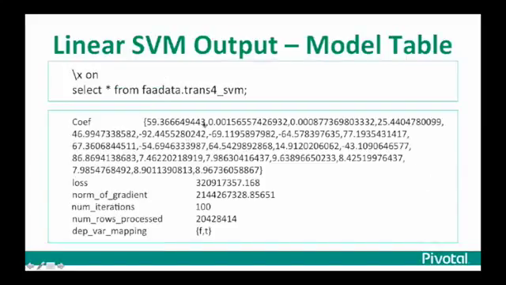So here we're looking at the model table, or the actual model that was created as a result of running the SVM classification function. In order to access the model, we use a SQL select on the model table, just like you would query any other table in a relational database.